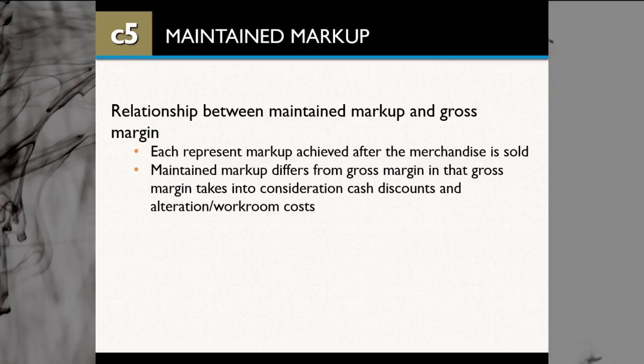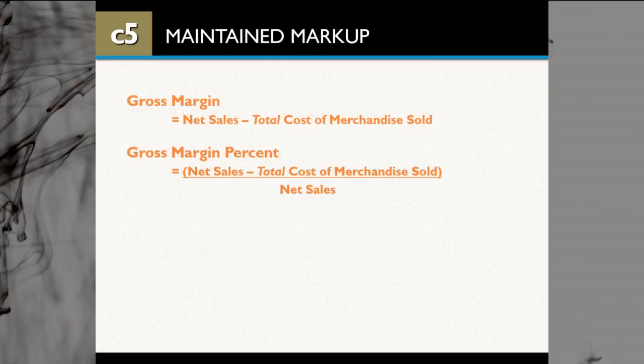But for your gross margin percent, you will take these two concepts, cash discount and alteration and workroom cost, into consideration. So your gross margin will be your net sales minus total cost of merchandise sold.